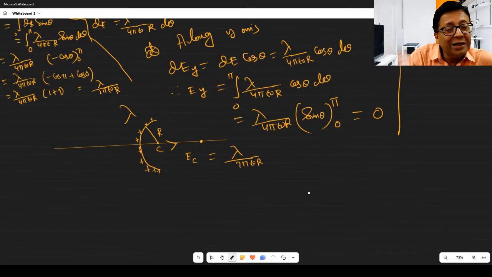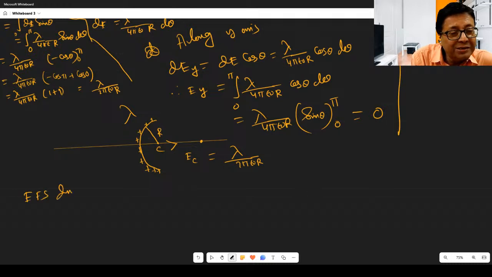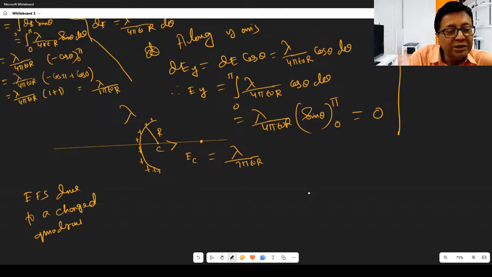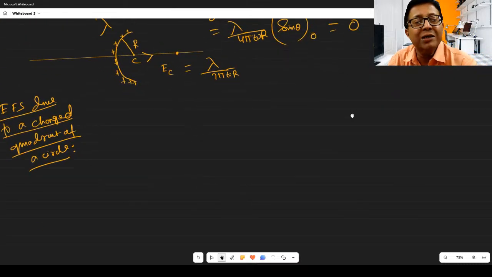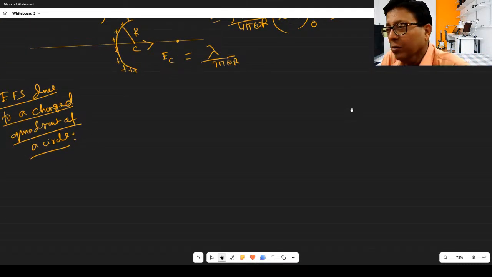So, next calculation is going to be the electric field due to a charged quadrant of a circle. Today my aim is to show you that you should not assume anything here, that this one is like this so it will be like that. No, there is no link.